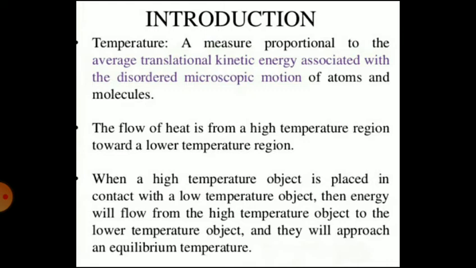When a high temperature object is placed in contact with a low temperature object, energy will flow from the high temperature object to the low temperature object, and they will approach an equilibrium temperature. So the temperature is not measured directly like displacement, pressure or flow rate, but is measured by indirect means.